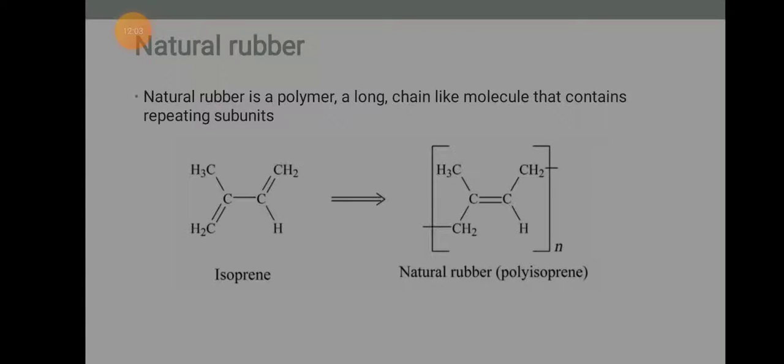This is called polyisoprene. The structural unit always will be the isoprene molecule, and there will be a large number of isoprene molecules in the polymerization. After polymerization happens, you will see this natural rubber where the main structural unit will be isoprene.